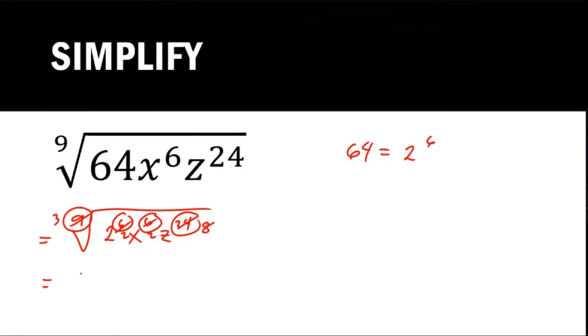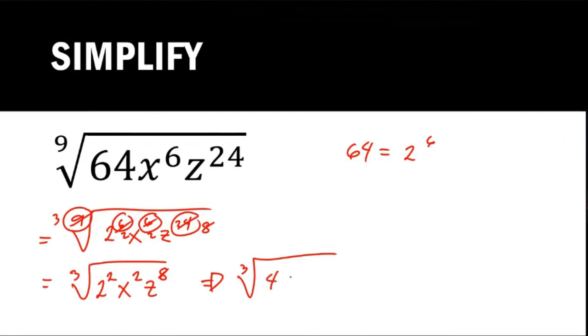So now it will be the cube root of 2 raised to 2, x raised to 2, z raised to 8. So that is now our answer. We can also evaluate it, and it could also be the cube root of 4x squared, z raised to 8.